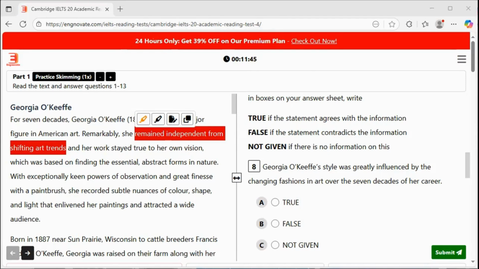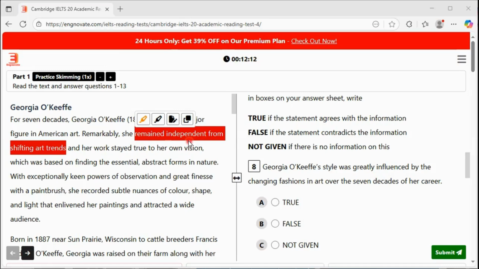Shifting. Thank you. Changing. That is the word. Changing fashions in art is a paraphrase for shifting art trend. Okay? Greatly influenced is the opposite of remain independent. You understand?